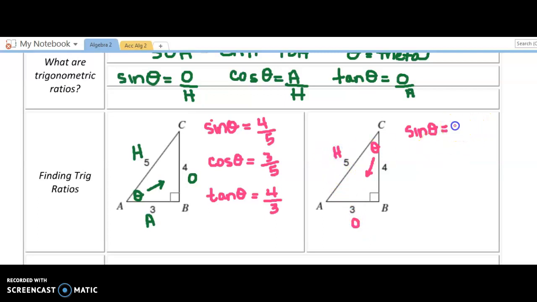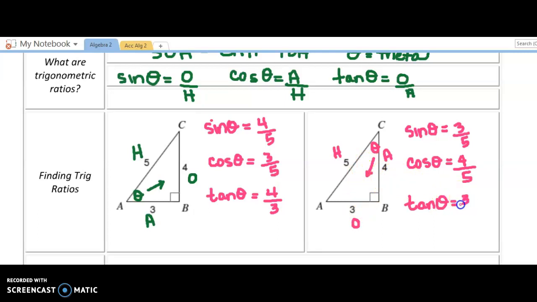So now this is going to become 3 over 5. Cosine is going to be adjacent. Adjacent means next to. So this will be my adjacent, so that would be 4 over 5. And then my tangent is going to be opposite, which is 3, over adjacent, which is 4.